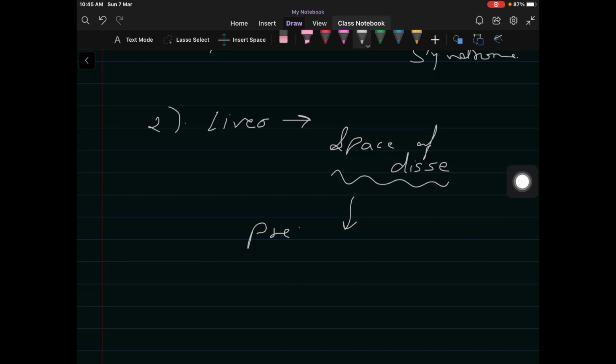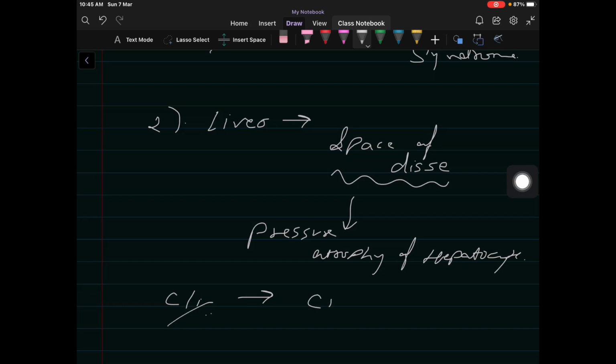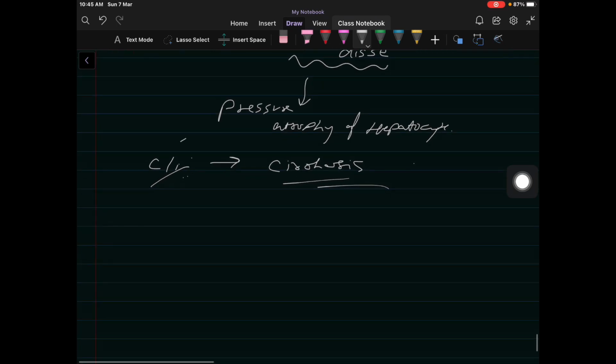This will produce pressure atrophy of the hepatocytes. The clinical manifestation is cirrhosis; the patient will come with cirrhosis.